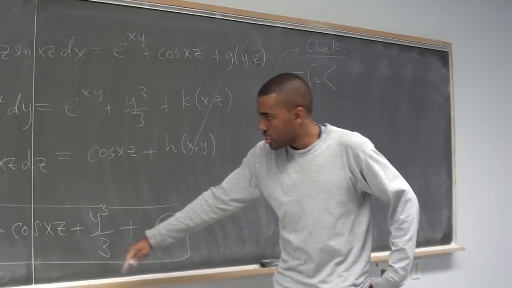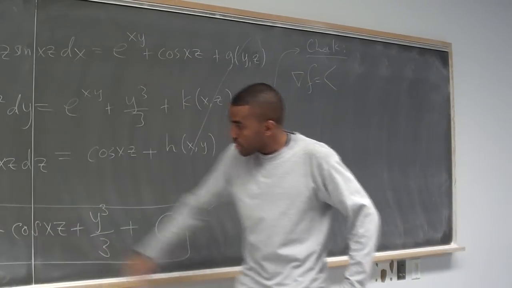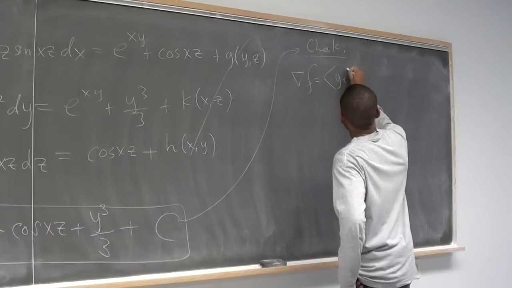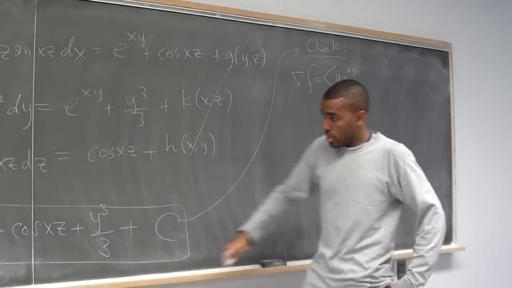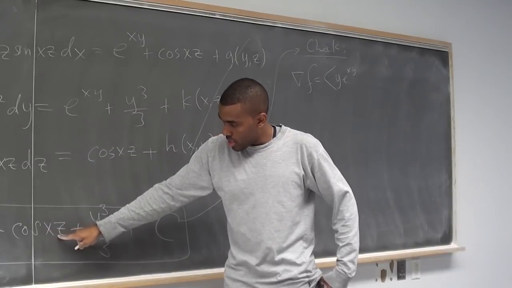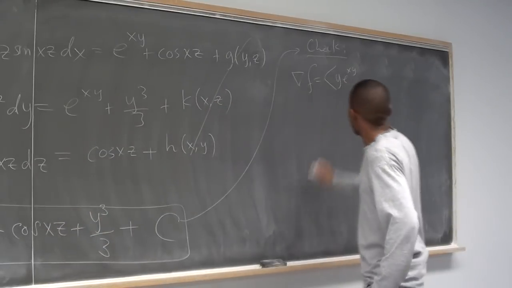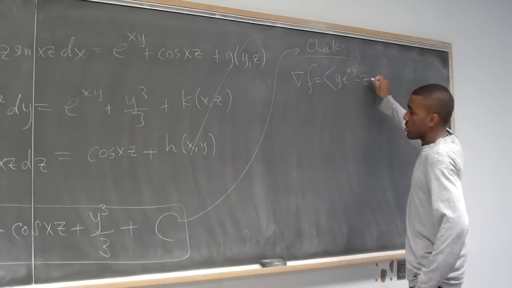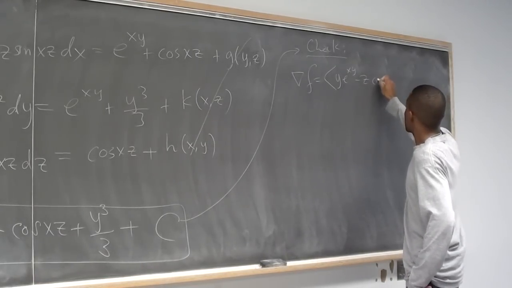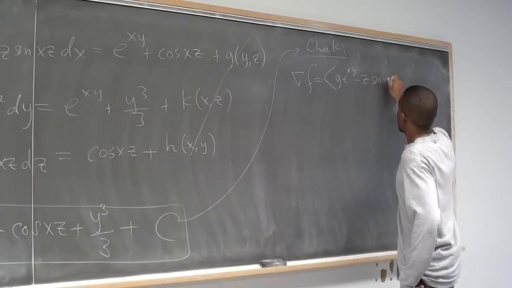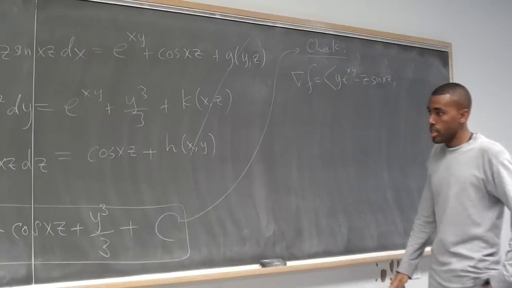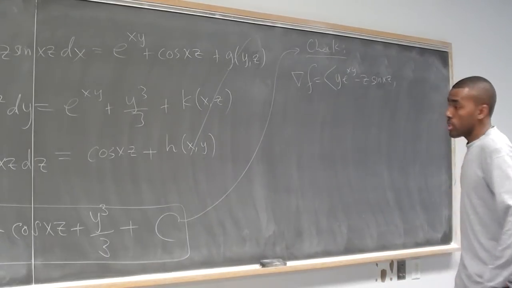This is 0, that is 0. Differentiate that with respect to x, I just get y e to the xy. The derivative of cosine is minus sine, this times the derivative of that, which is z. And that's the first component. You only need one.